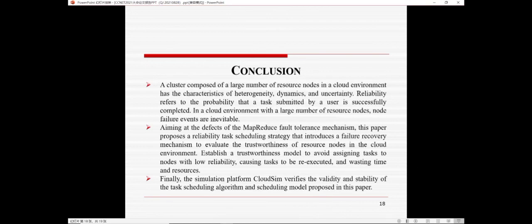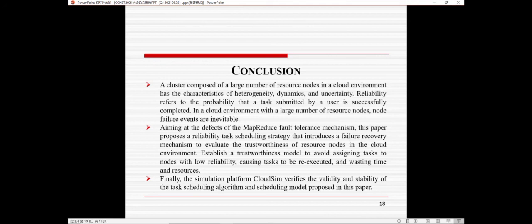So, in conclusion, the cloud environment composed of a large number of resource nodes has the characteristics of being heterogeneous, dynamic, and uncertain. Reliability refers to the probability that a task submitted by the user is successfully completed. In a cloud environment with a large number of resource nodes, node failure events are inevitable.